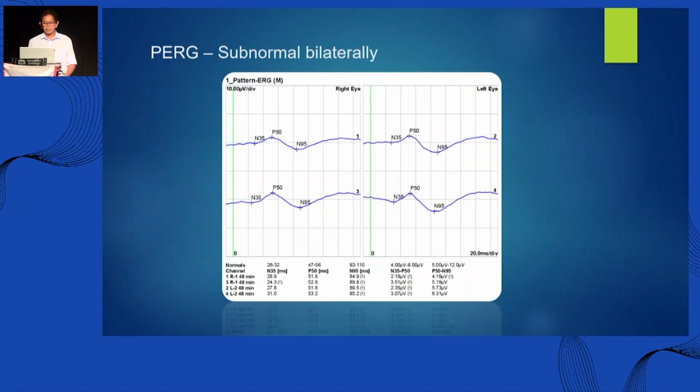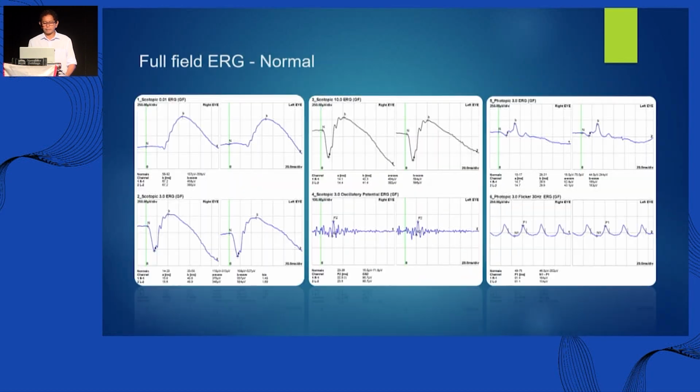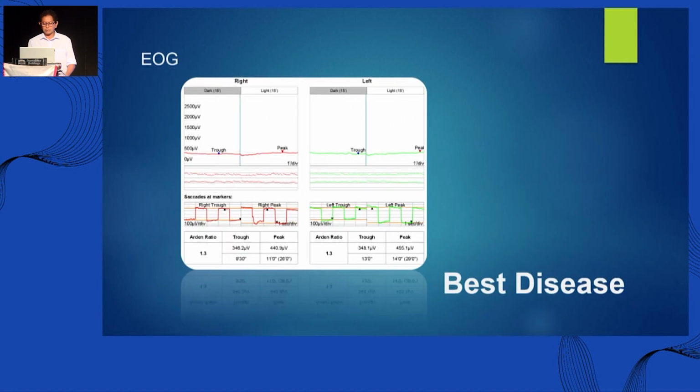But the PERG is abnormal bilaterally, the full field ERG as expected is normal, but the EOG is 1.3, which is consistent with Best disease. And mind you, in both eyes it's only 1.3. So just because you don't see the Best disease lesion, the RPE dysfunction is there in both eyes.